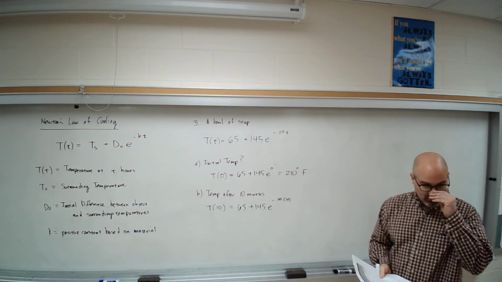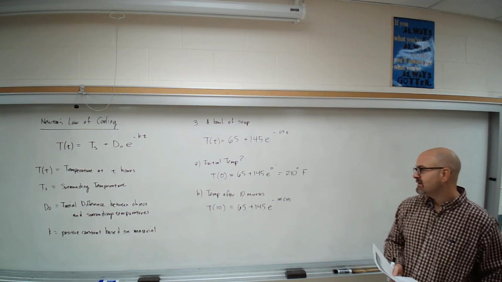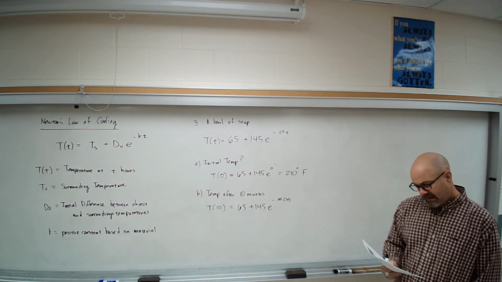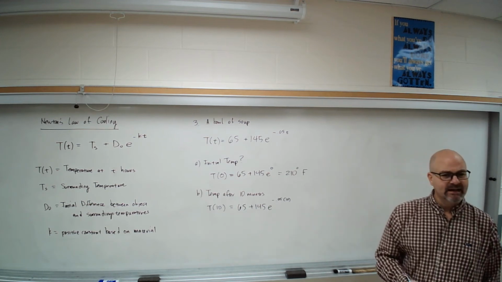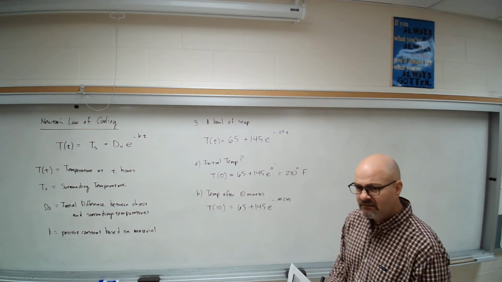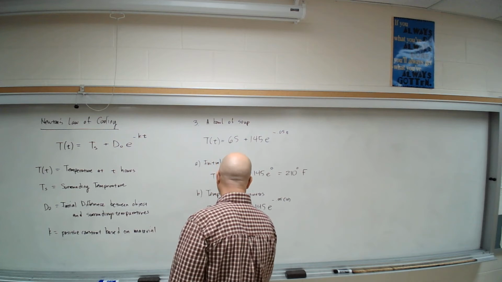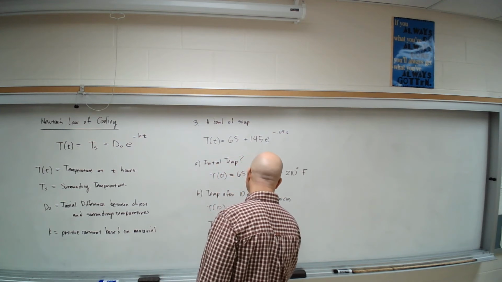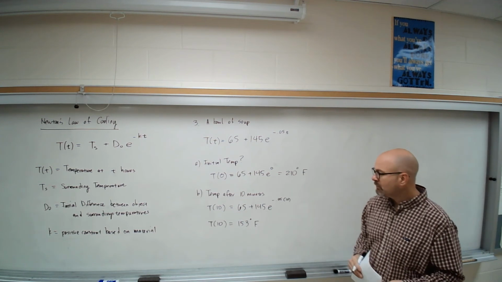Again, make sure to keep the whole negative 0.05 times 10 up there. And I went ahead and calculated that. Did anybody else calculate that? What did we get, 153? That's what I had. So T of 10 would be 153 degrees Fahrenheit. Okay, so the soup has cooled.